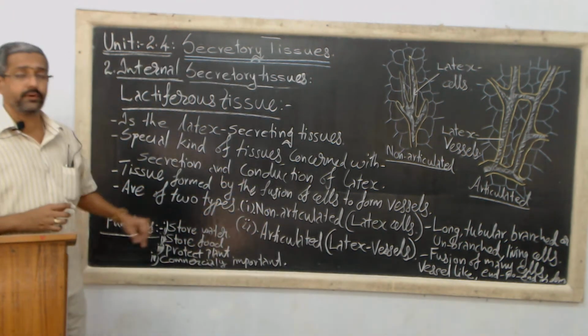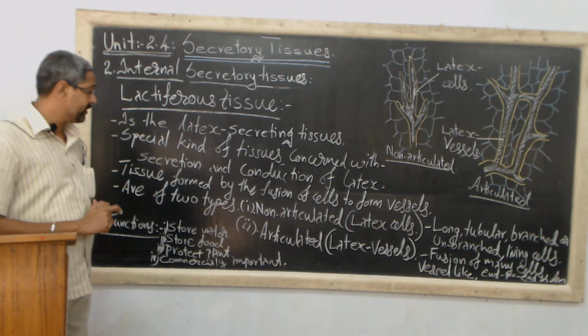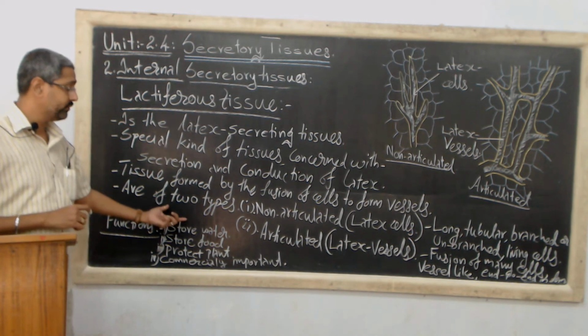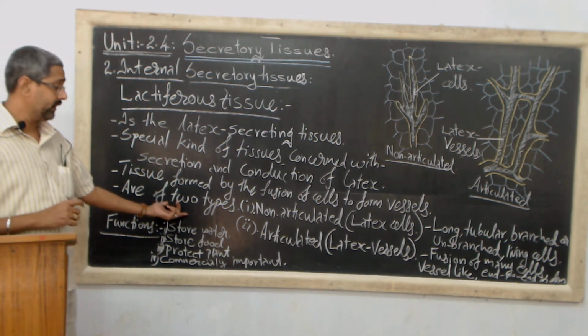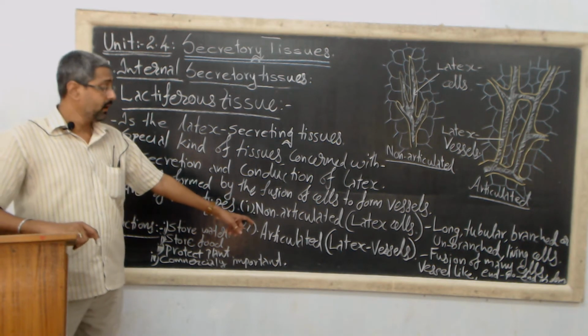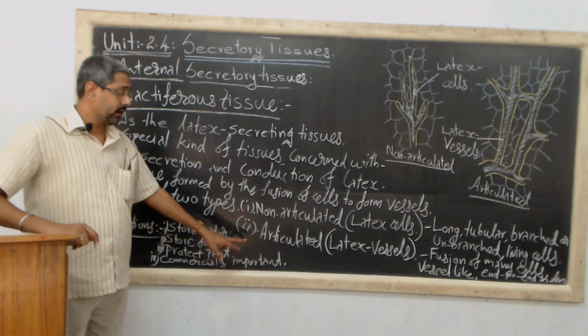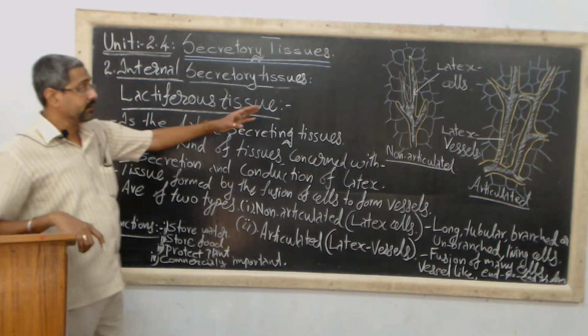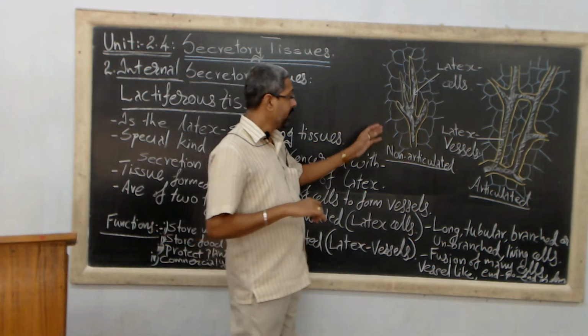So such an anatomical differentiation is seen in these two types of laticiferous tissue produced in plants. That is, one is non-articulated, or latex cells, and the other is articulated, or latex vessels. Okay, so here you can see the structural differentiation in the diagram.